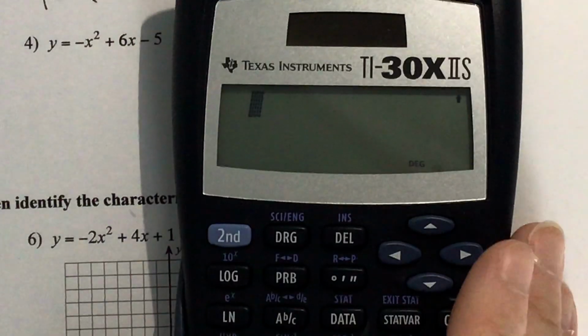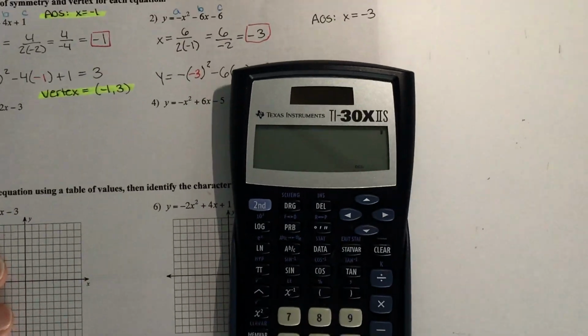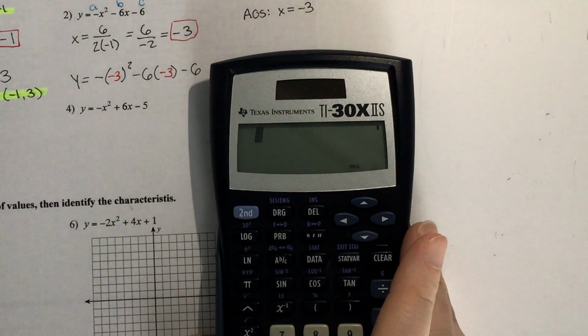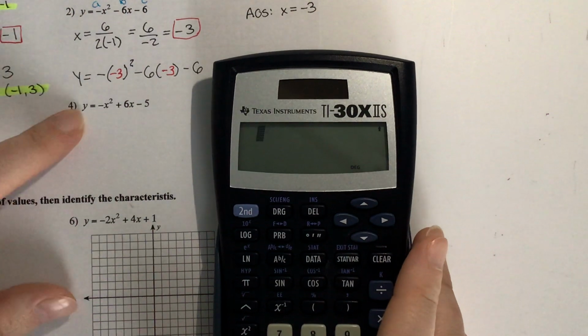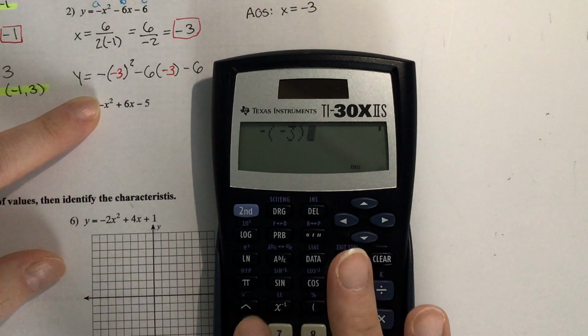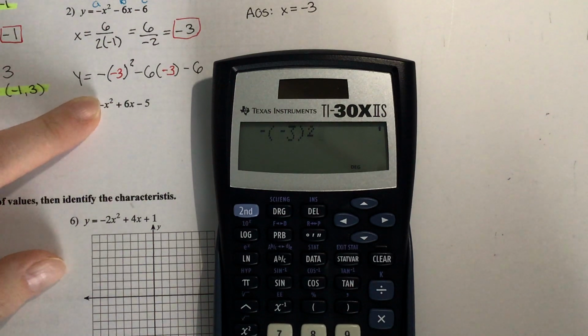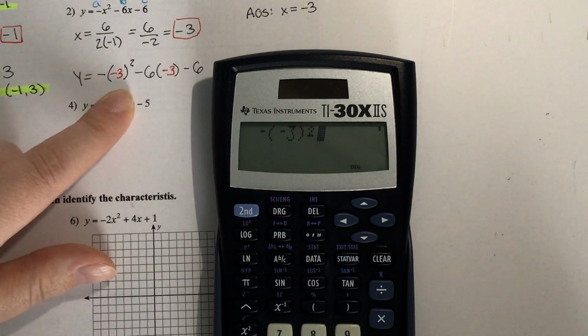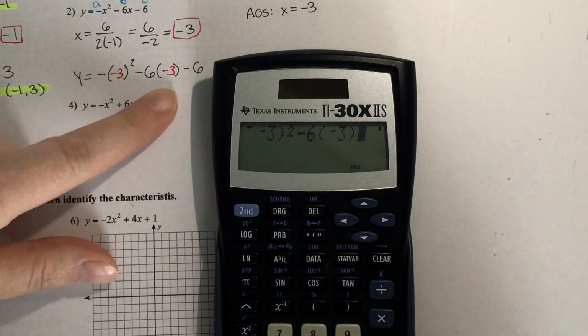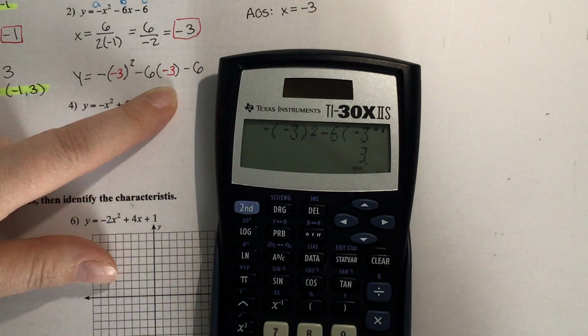Let me zoom it out a little bit. Okay, so we'd have, my computer's starting to fall asleep. Negative, parentheses, -3 squared. Okay, I'm just typing in what I see over here. See where my finger is? Minus 6 times -3 in parentheses, minus 6, 3.